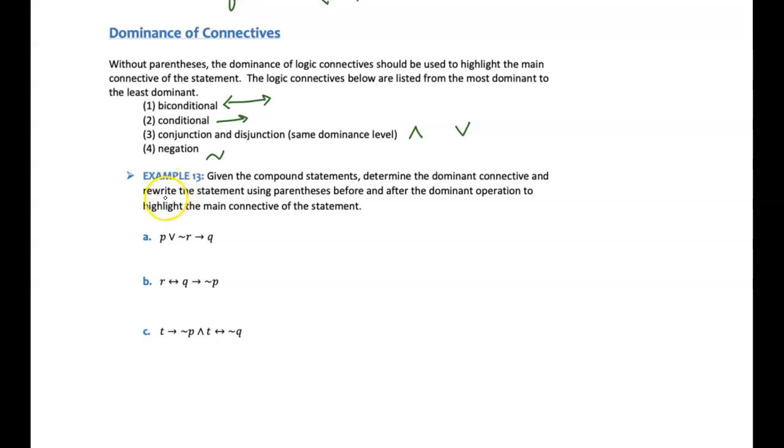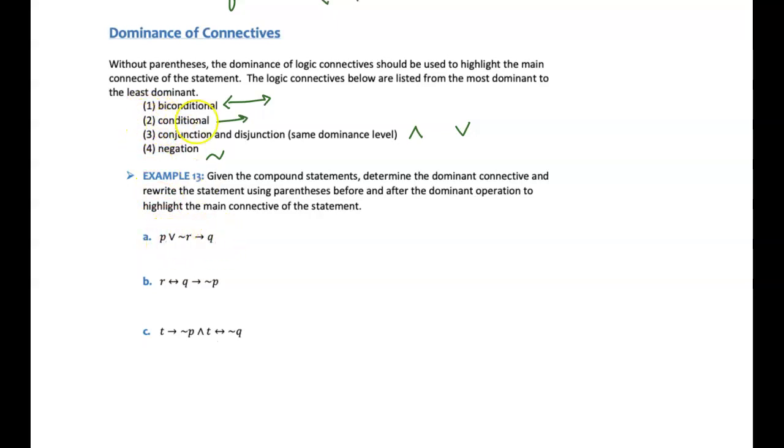Example 13. Given these compound statements, we're going to determine what is the most dominant connective, and then rewrite the statement using parentheses before and after that dominant operation so that we can highlight that main dominant connective. In statement A, I don't see a biconditional, which is most dominant.